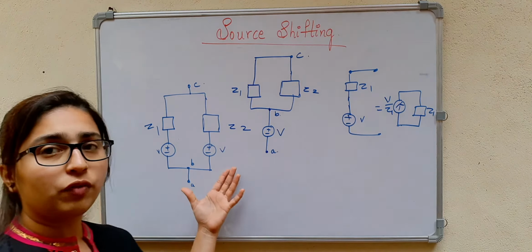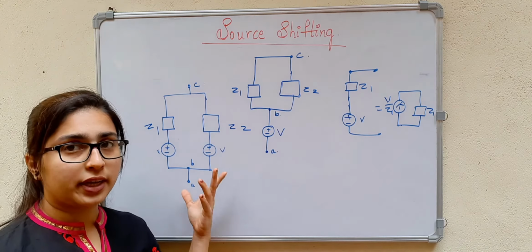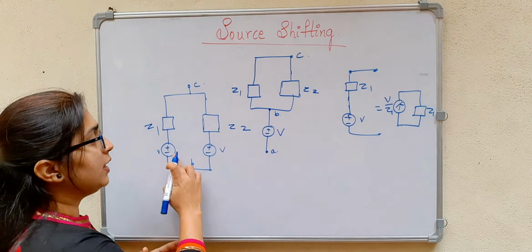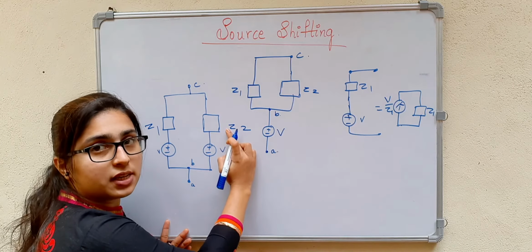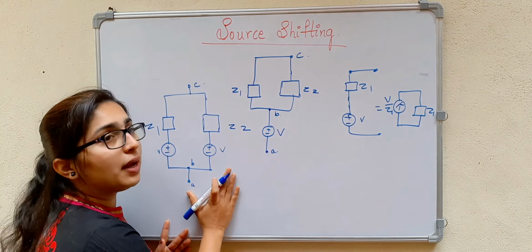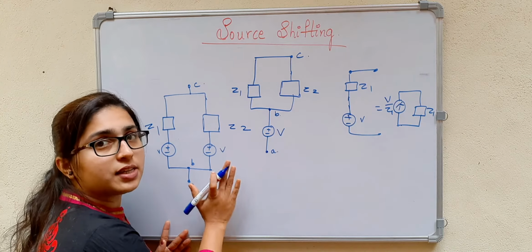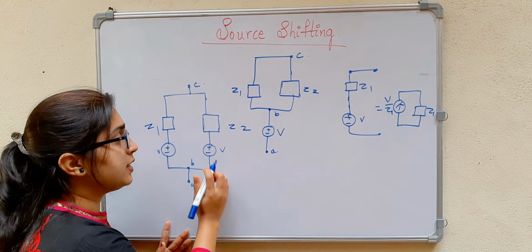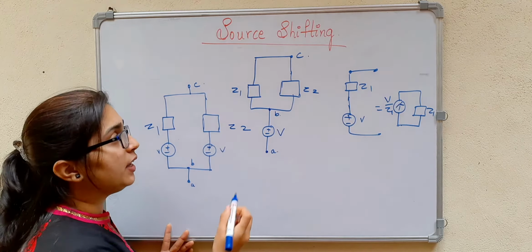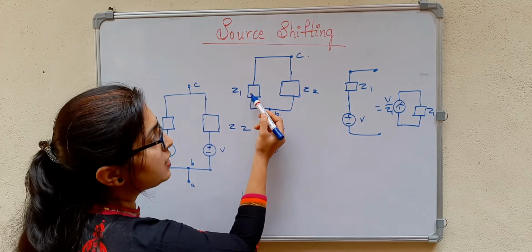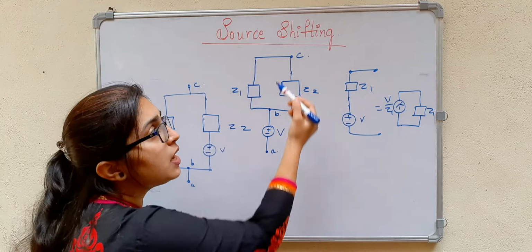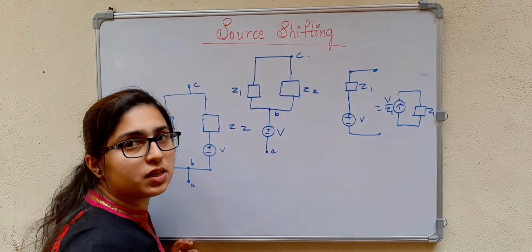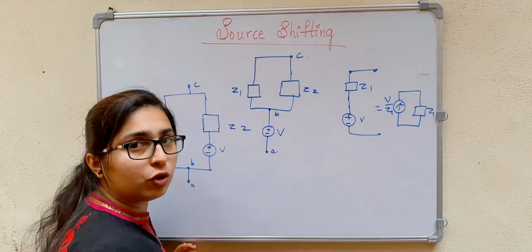Now we can apply the source transformation technique on this particular thing. You know that now the voltage source is in series with impedance, voltage source is in series with impedance. While applying this voltage source shifting technique, you just have to see the polarity. If I start from here, I can see that Z1 is connected to the positive polarity of the voltage source, and Z2 is connected to the positive polarity of the voltage source.